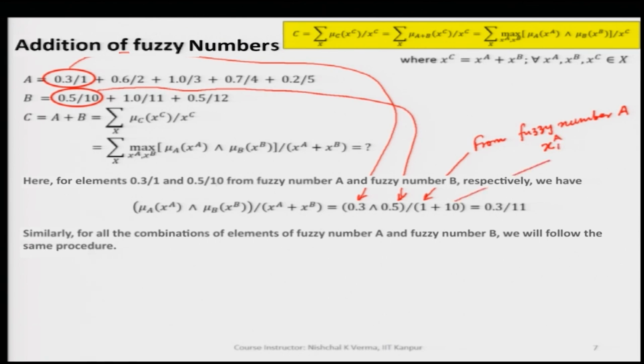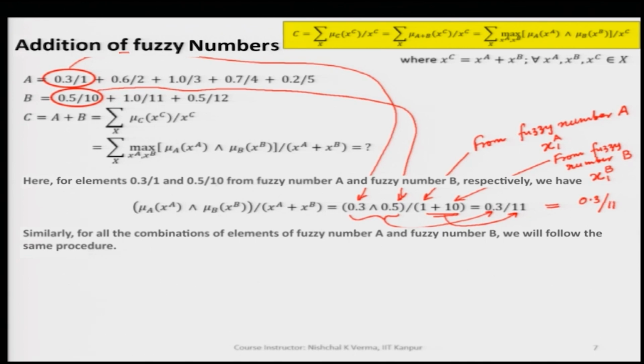Similarly, this value is from fuzzy number B, and I can write here this as x 1 b. So, this way we have written the min of 0.3 and 0.5 as 0.3 and then oblique 11, because 1 plus 10 here is 11. So, finally, we are getting 0.3 oblique 11.